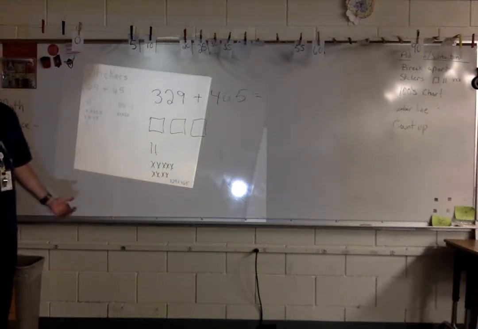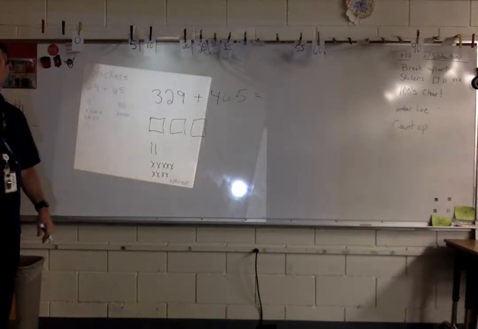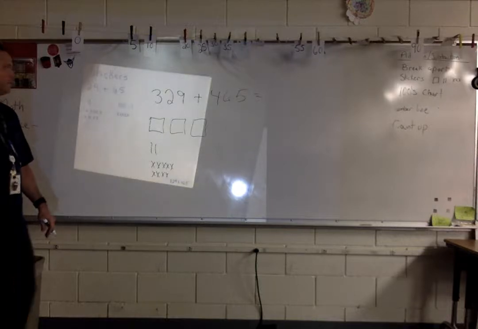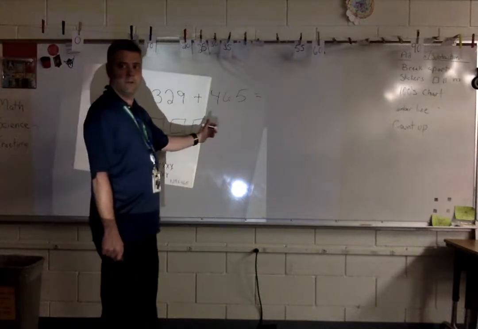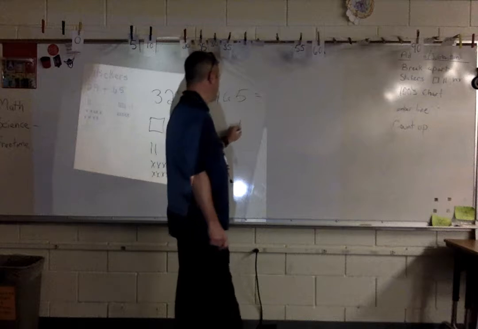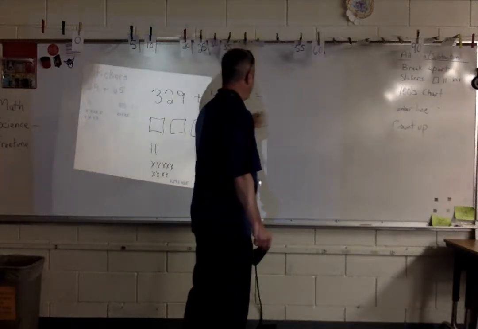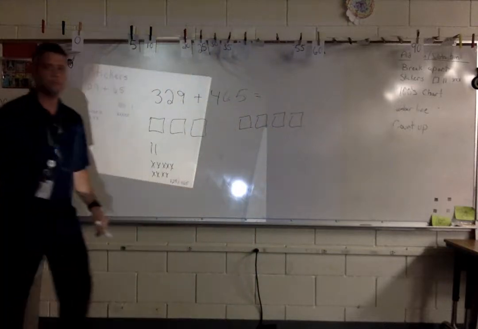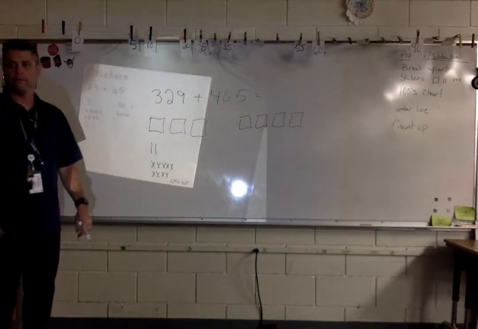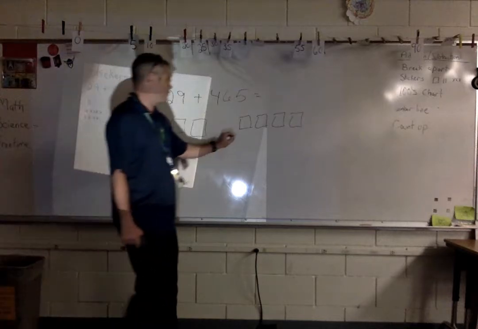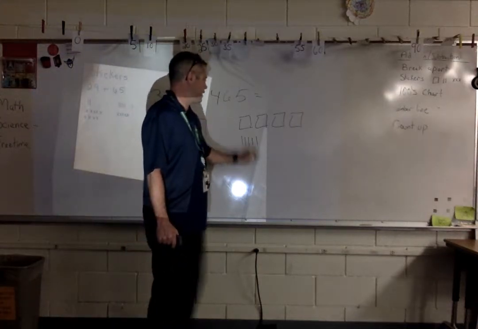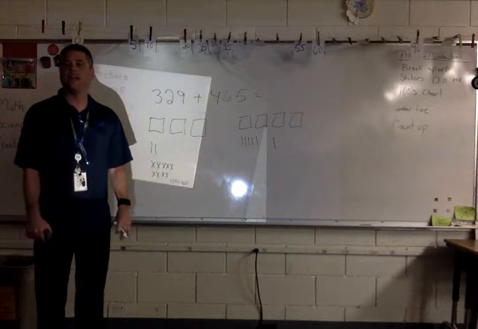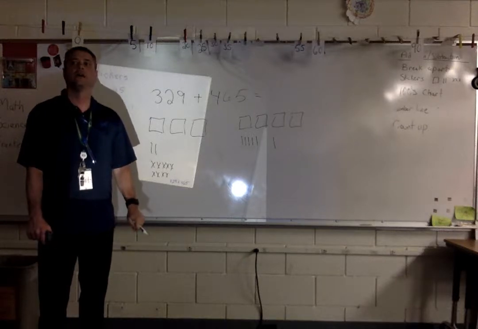Okay, plus 465. Journey, how many hundreds? 4. 4, so I put what? 4 squares. Okay, and then what? 6 tens. 1, 2, 3, 4, 5. And then Ava. 5 ones.